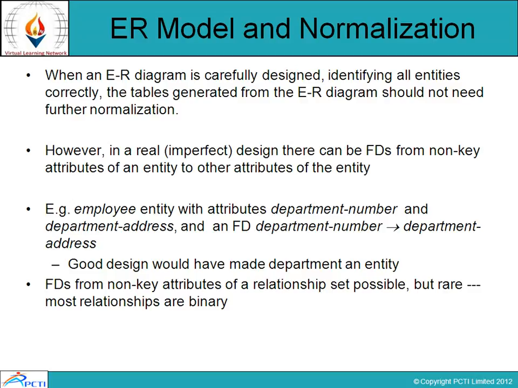Take a student: a student must have a name, designation, courses, and roll number. Anything that identifies the student is also called an attribute. Another example is an employee entity with attributes like department number and department address.